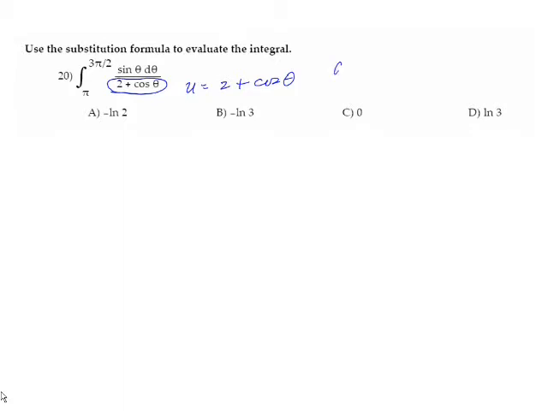So du is going to be equal to minus sine of theta d theta. So sine of theta d theta is going to equal minus du. So this part will become du.